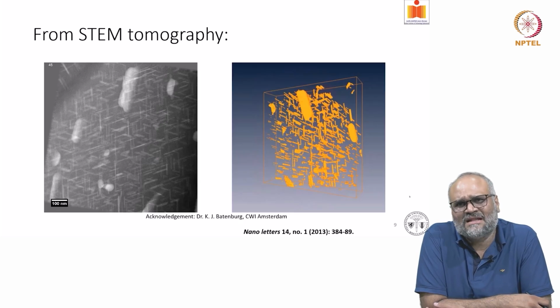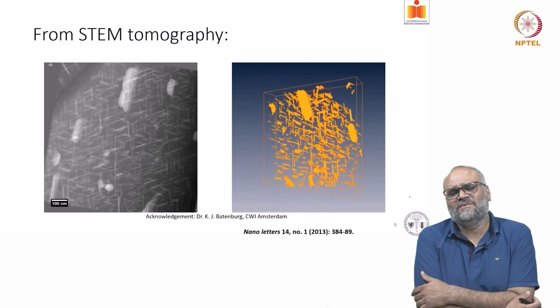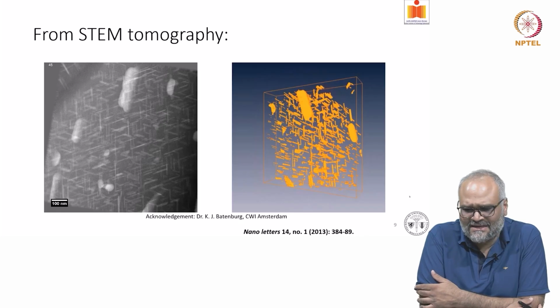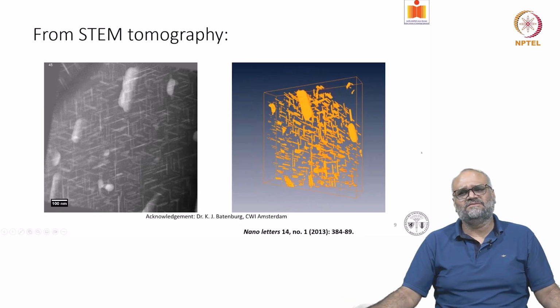So one question that arises is, why is there no surface-dominated precipitation, and why do these precipitates span across this thickness, and why are they appearing similar to bulk heat treatment conditions? We'll look at the answer in a couple of slides, but this was an interesting observation.